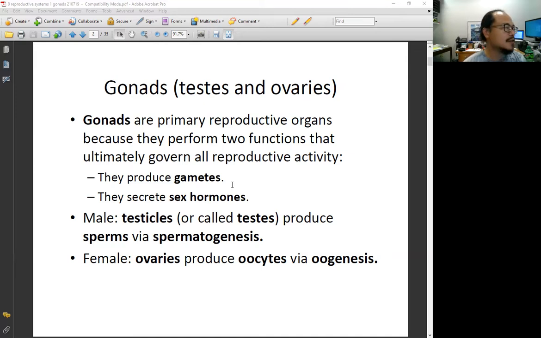We will talk about that. So just need to know that it's the organ to produce and mature these haploid cells, as well as to produce the sex hormones to prepare the body to develop these sex characteristics.